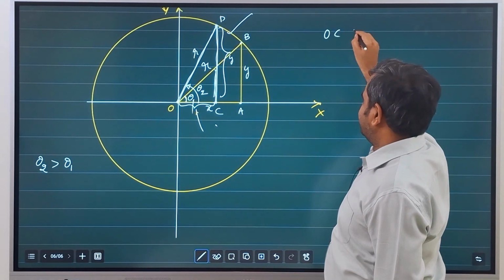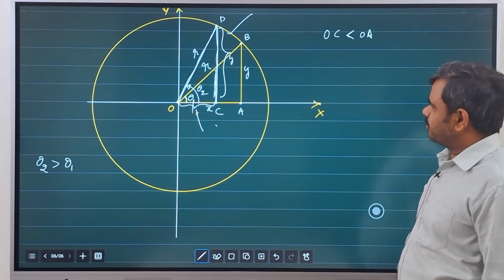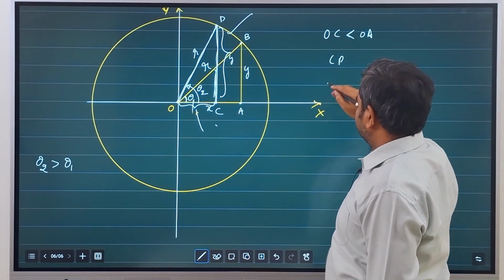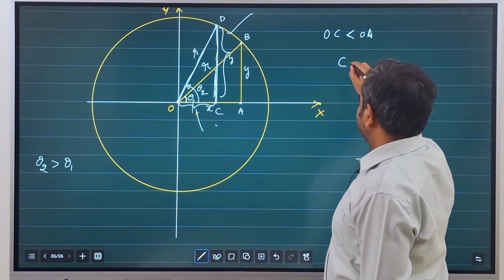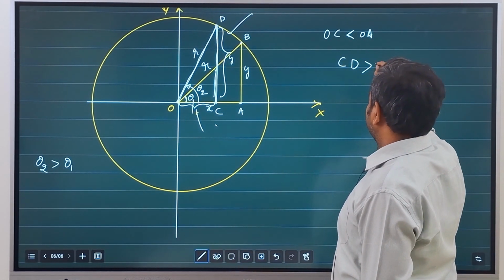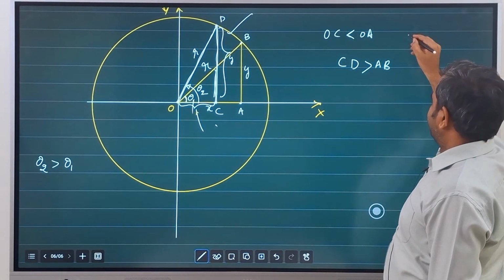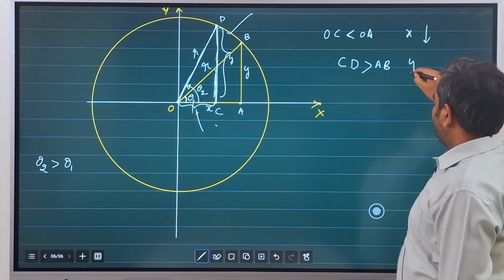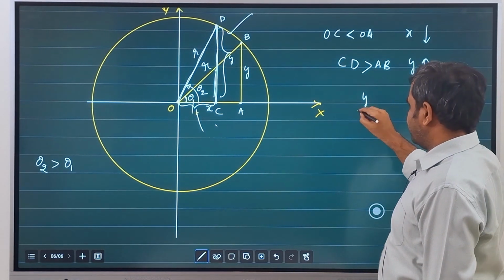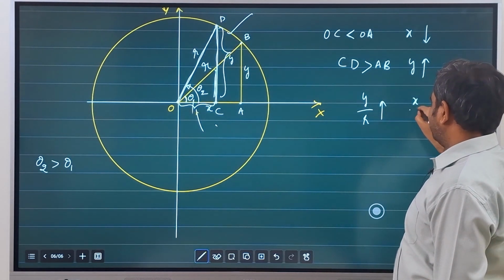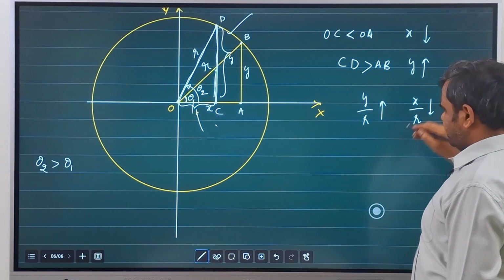OC now is less than OA. The adjacent side length has decreased. Similarly, the opposite side length has increased. Look at CD. CD is greater than AB. So as theta increases, x is decreasing, y is increasing. Hence, the ratio y by r increases, x by r decreases, and y by x increases.